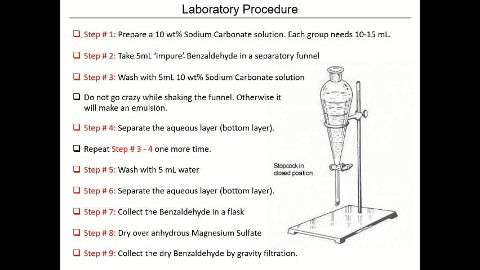Then remove the aqueous phase of the funnel, which is the one in the bottom. Repeat this step 2 more times, and then we have to filtrate the remaining solution to collect the benzaldehyde. First, before that, we have to dry over anhydrous magnesium sulfate.